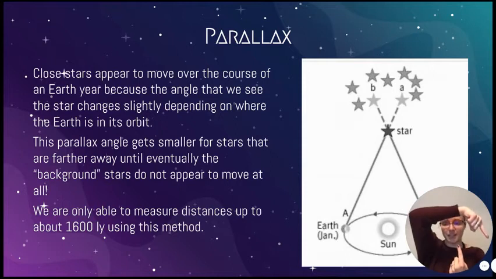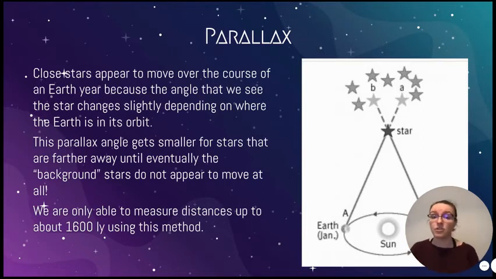But 6 months later, in June or July, when we're on the other side of the sun, the background stars appear to have changed. This is called parallax. The stars aren't actually moving. It's that we are seeing from different angles how those stars have changed against the background. This really only works for up to about 1600 light years away for stars.